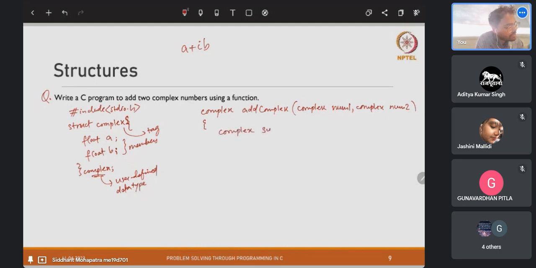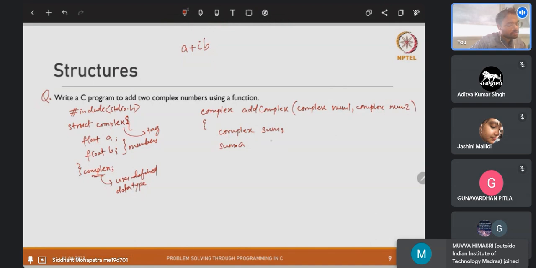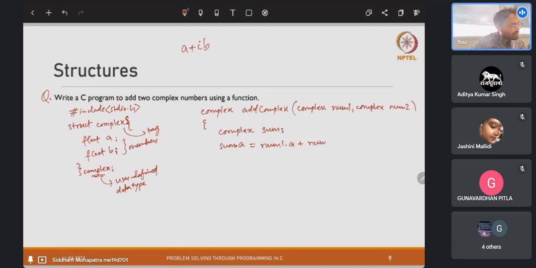So I define complex sum. This sum is a structure having two different floating point members, a and b. To access a, which is a member of the structure sum, I write sum dot a, which is actually the summation of num1 dot a plus num2 dot a, right?